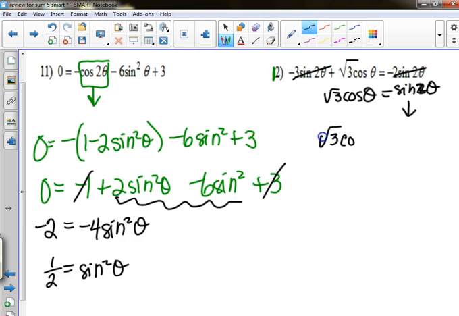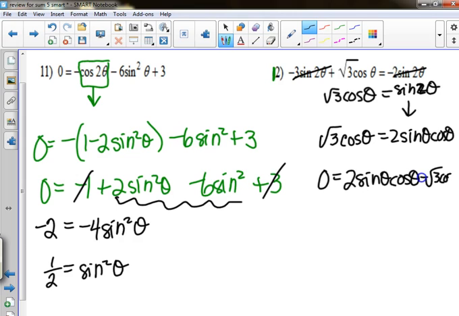2 sine theta, cosine theta. Now what? Can I move it all together one way or the other, right? Because then I can take out a cosine.